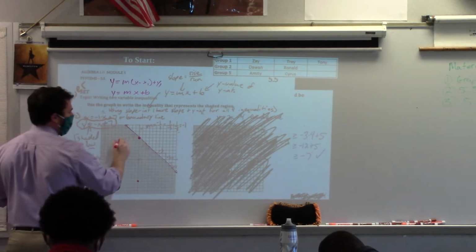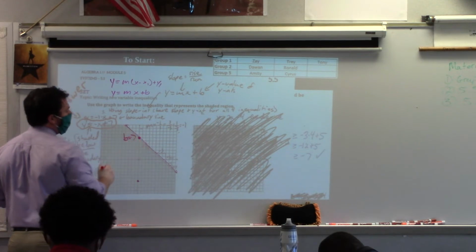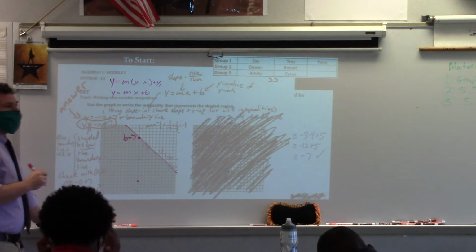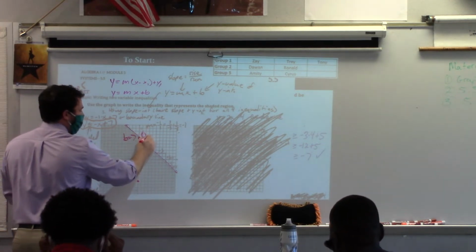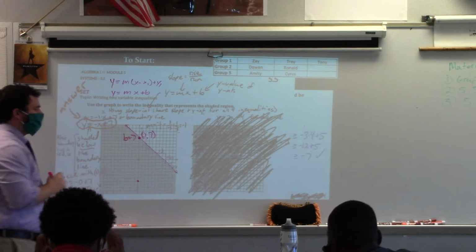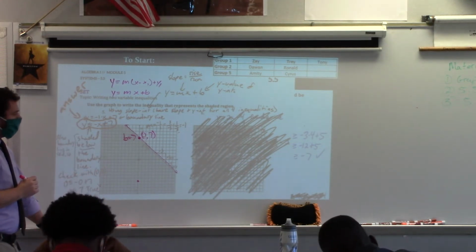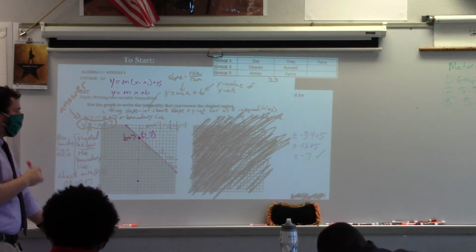Now, it's not just a 7. I will say b is equal to 7, but what is the actual y-intercept? The point (0, 7). So the x value is 0, the y value is 7. Right? So then from there, I still need my slope.